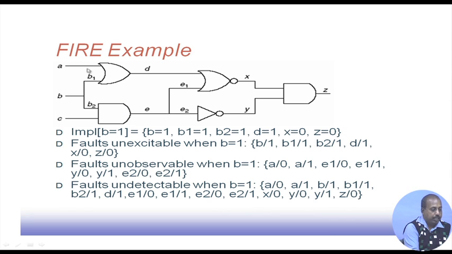So, that is A equal to 0, A equal to 1, U1 equal to 0, U1 equal to 1. So, this set is the faults that are unobservable. So, naturally, the faults which are undetectable when B equal to 1 is the union of these two sets, the faults that are unexcitable and faults that are unobservable. So, that gives us the faults which are undetectable with B equal to 1.